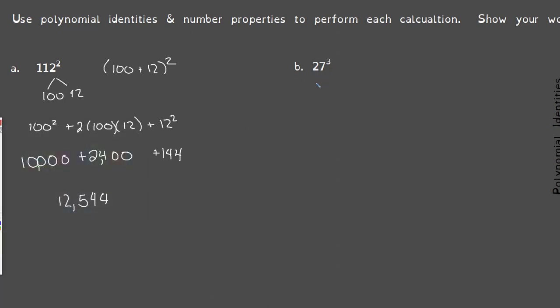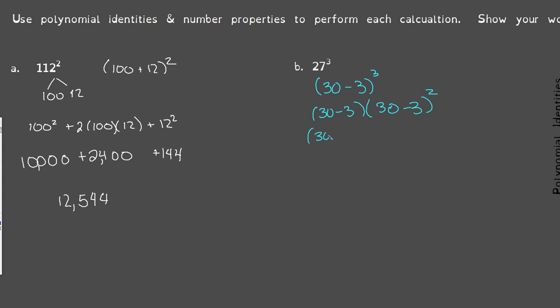So 27 cubed, the way I thought about it was 30 minus 3 cubed. So 30 minus 3 times 30 minus 3 squared.